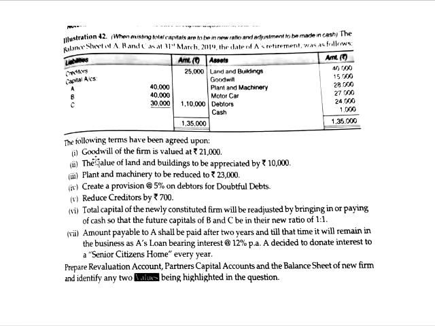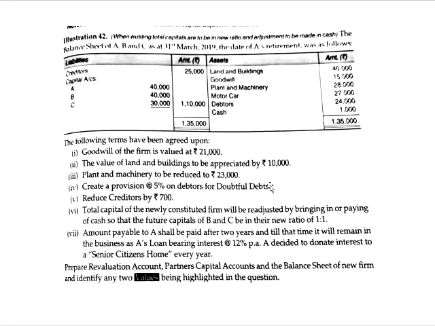And now see the terms and conditions on which partner A is retiring. On that day the goodwill of the firm is valued at 21,000. Second adjustment, the value of land and building is appreciated by 10,000. Plant and machinery is reduced by 23,000. Next adjustment, you have to create a provision at the rate of 5% on debtors.